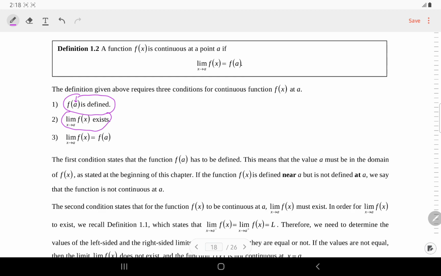How do we know whether the limit of that function exists or not? Let's recall what we have learned in the previous subtopic.